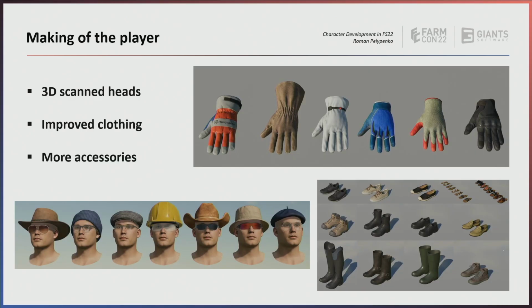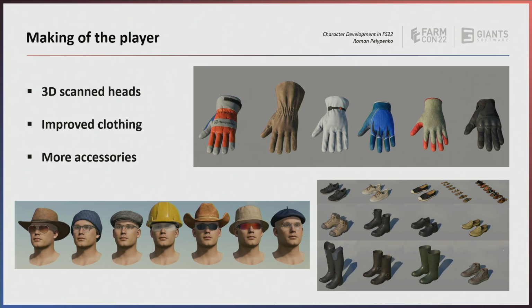The next step for us was to create more variety of accessories. From the beginning it was just bottoms, jackets and a few other things, but then we started adding more shoes, more gloves, more hats, more glasses.